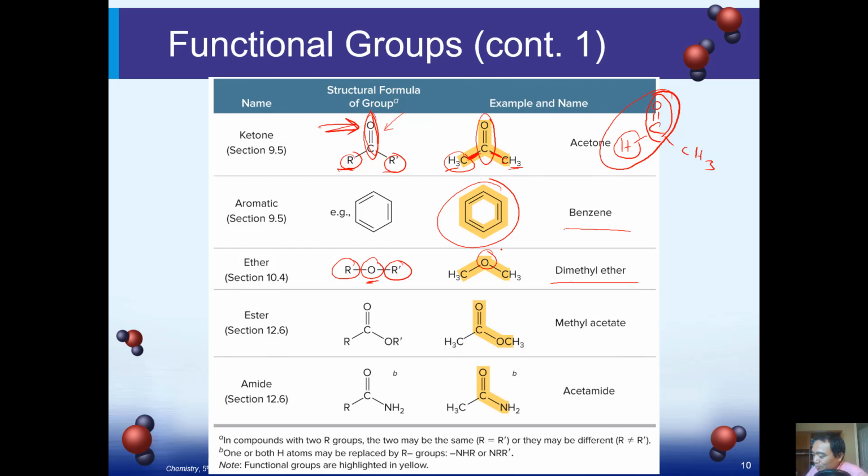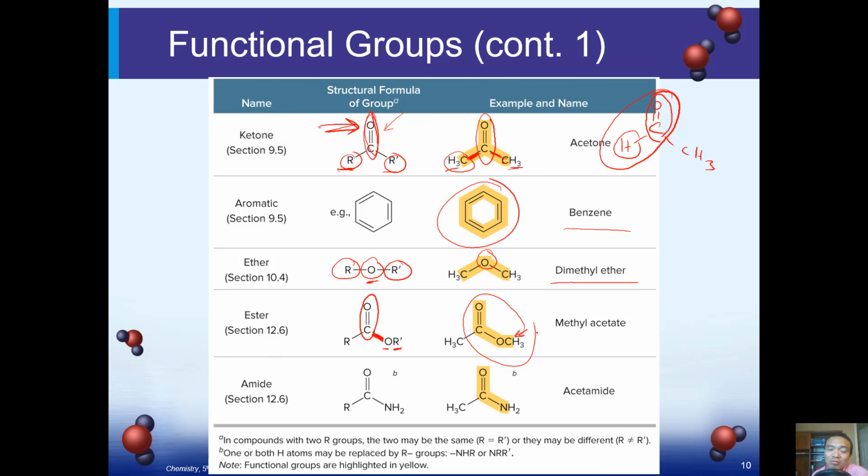All right. Ester has a carbonyl group and is connected to 1 oxygen with a single bond, and the R prime is a certain number of carbons, and this is the ester functional group, as you can see over here. This carbon, as indicated by this arrow, is quite important.